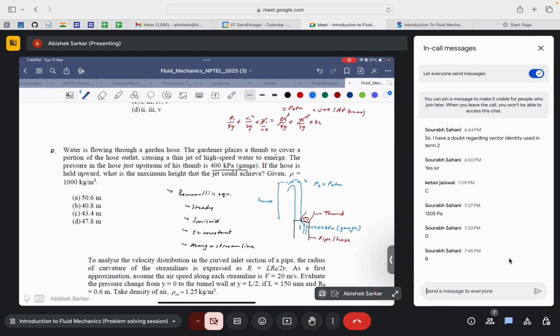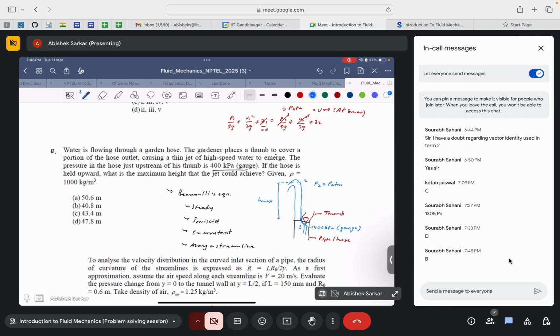So you may say that the velocity cannot be 0 here, but just below his thumb, at this point where the water strikes his thumb, the velocity is 0, right? These molecules will hit his thumb and become stagnant, but the other molecules along with it may go past it and come out as a water jet. But at the point where it hits his thumb, it is 0, right?